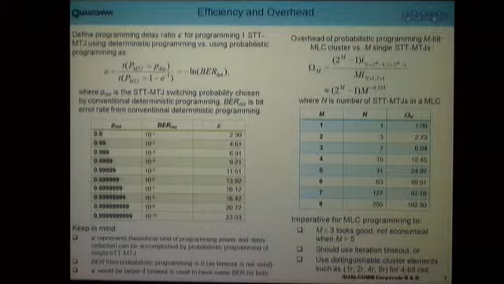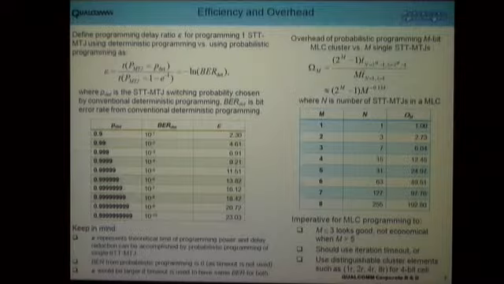So this is also probabilistic programming. This is just m single STT-MTJs. Here is just one cluster. And we got this equation, with a few typical numbers listed in this table.